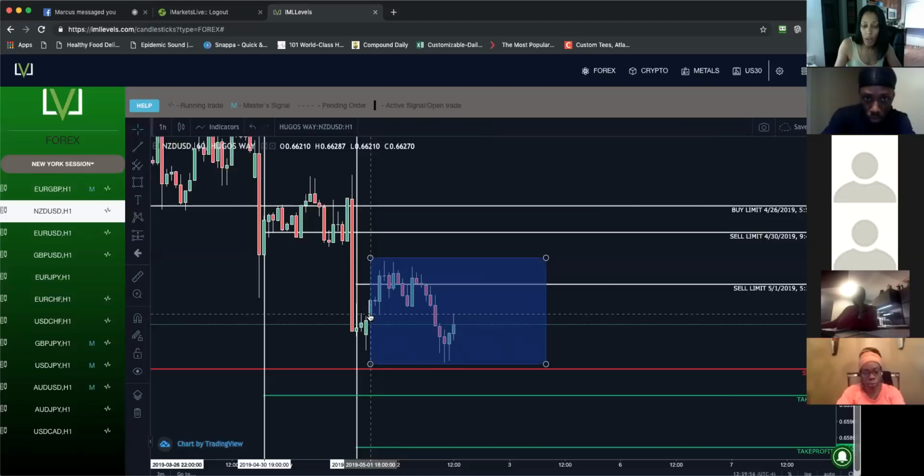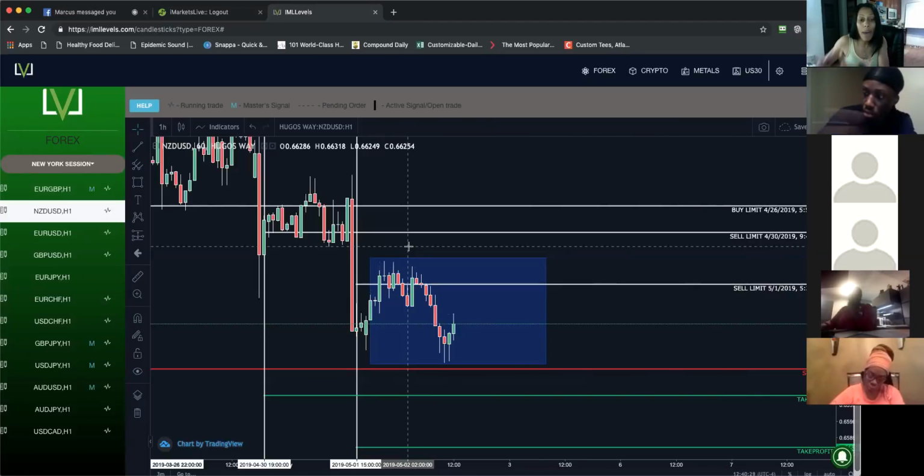What you could do, as long as price is below the sell limit, is put in this trade order ahead of time. Okay, you could put it in. As long as price is underneath this sell line, you can put in an order to sell. If this were a buy limit, price would need to be above the buy line in order to put in an order to buy. That's the only way you're going to be able to place a trade.